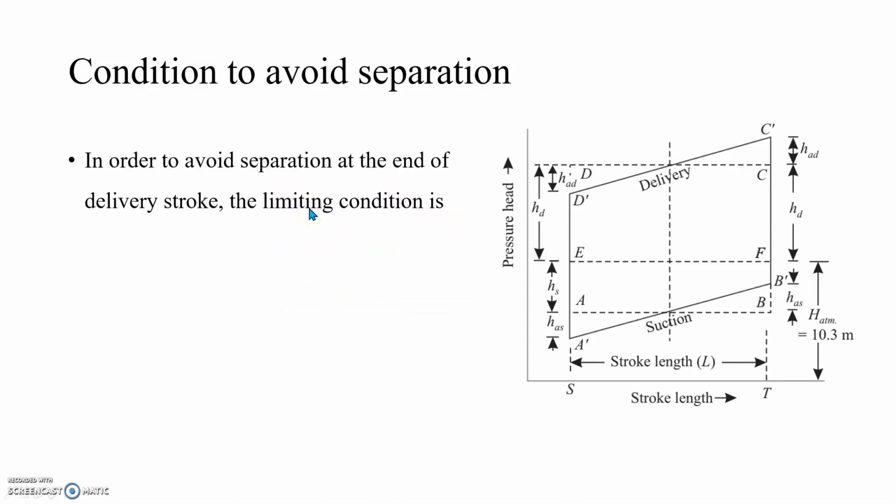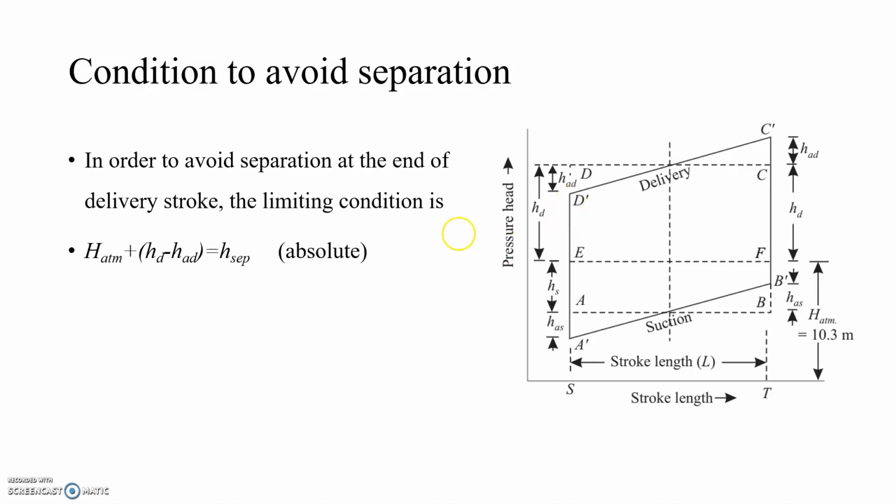Now let's consider the condition to avoid separation at the end of delivery stroke. This is the condition: H ATM plus HD minus HAD equal to H separation. Consider the point D dash. This is the point at the end of delivery stroke.